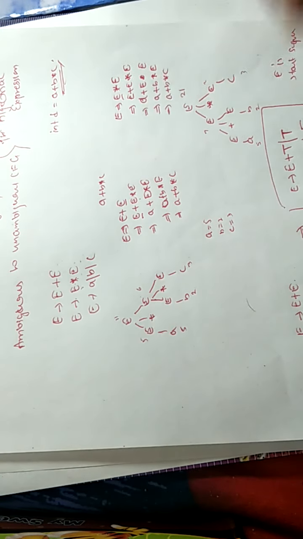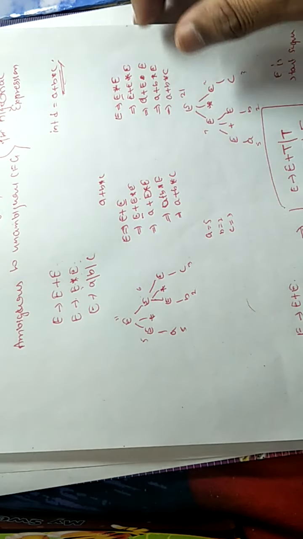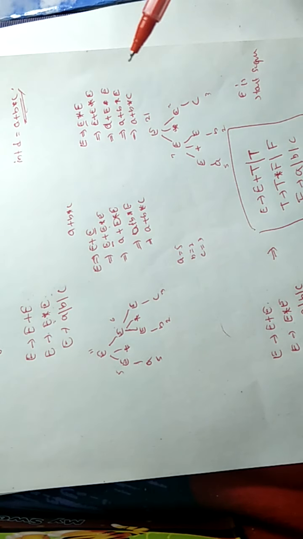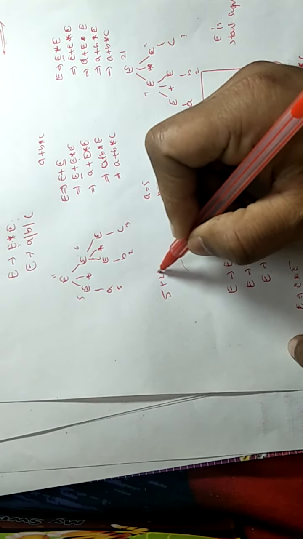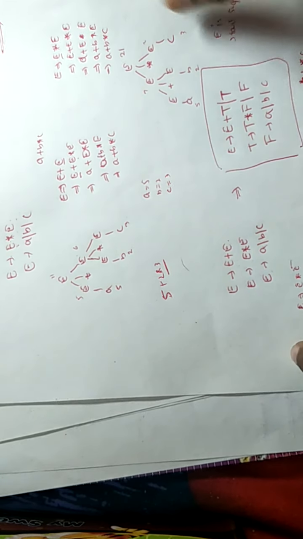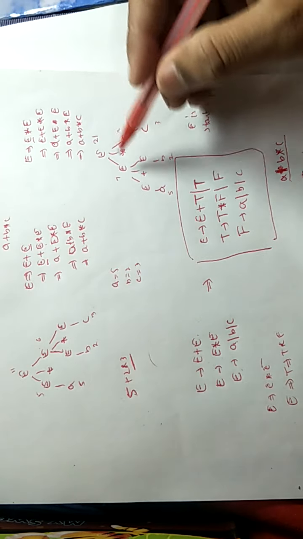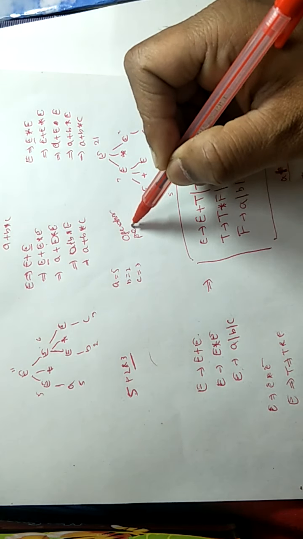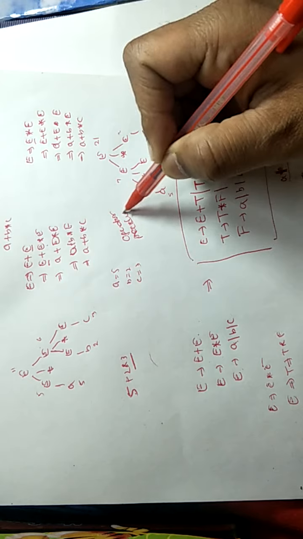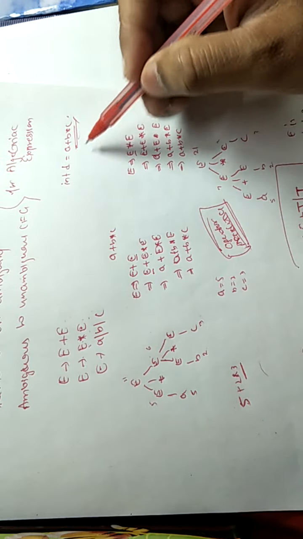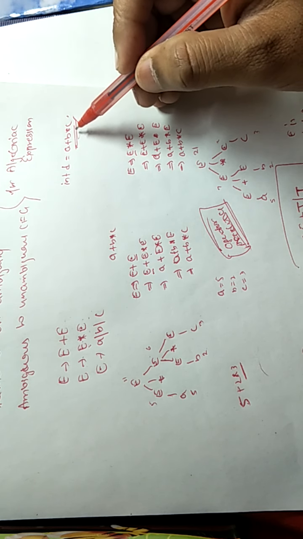Now we have no multiple choices, we have only a unique choice for deriving a string from this particular grammar. So we cannot use this kind of ambiguous grammar for algebraic expressions in a compiler. We have to maintain that the expression 5 plus 2 into 3 must be solved by first multiplying. So we have to maintain the operator precedence, the rules for how we calculate an algebraic expression.